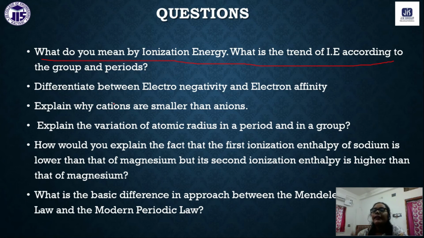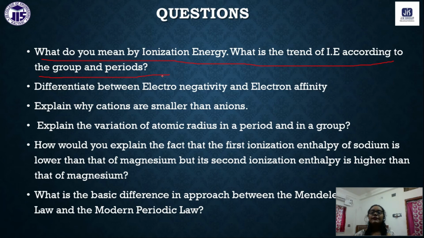What is the trend of ionization energy according to the groups and periods? Very important question. Now if we consider the groups, if we go down the group, what will happen? The size of the atoms will be increasing, so we have to consider the size effect.